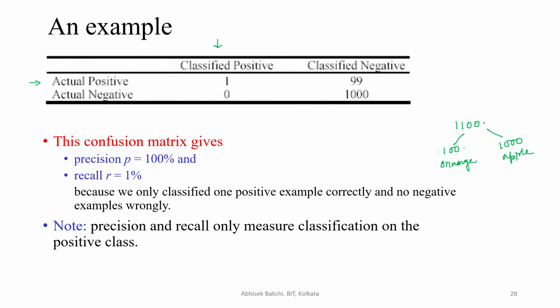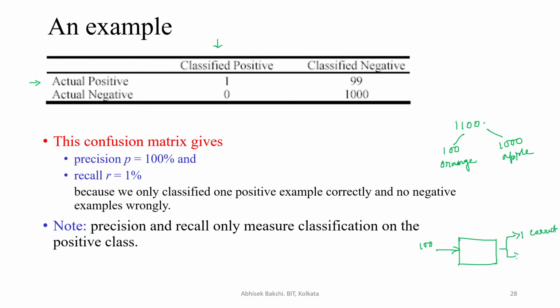So now the question is that I have a model, and I am sending either orange or apple. When I send 100 oranges, in one case it was correct.